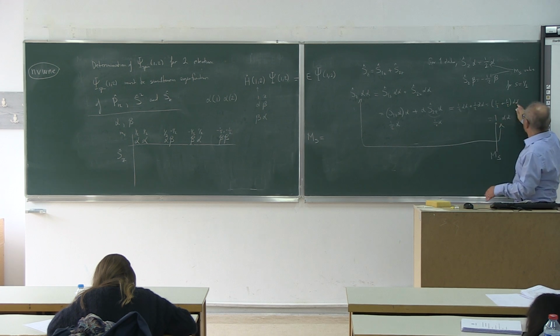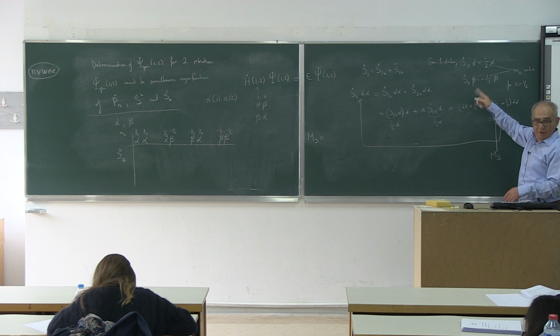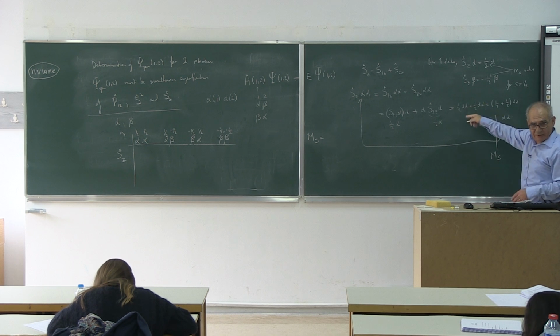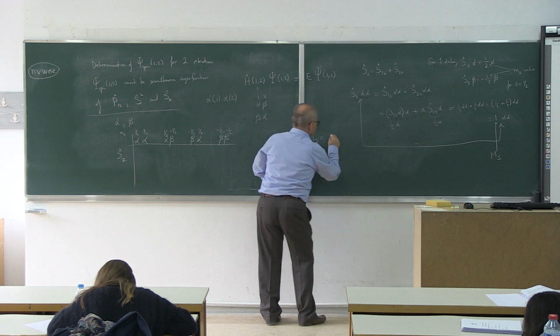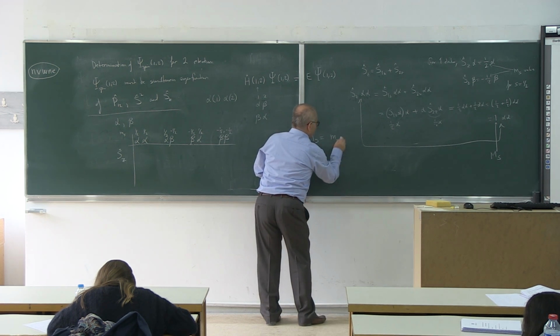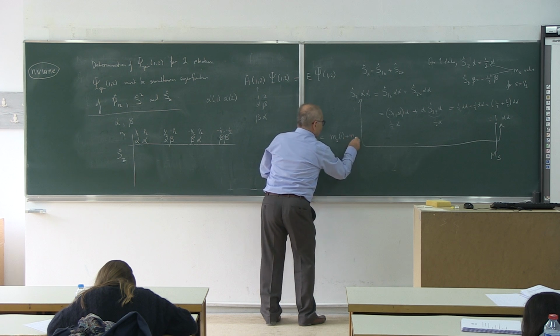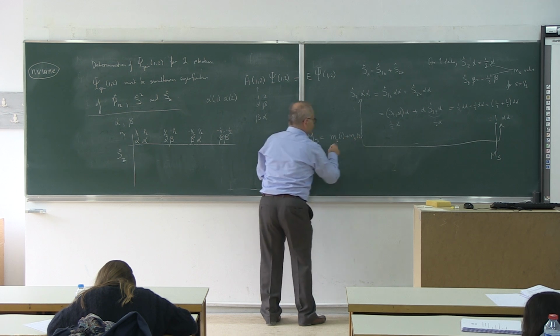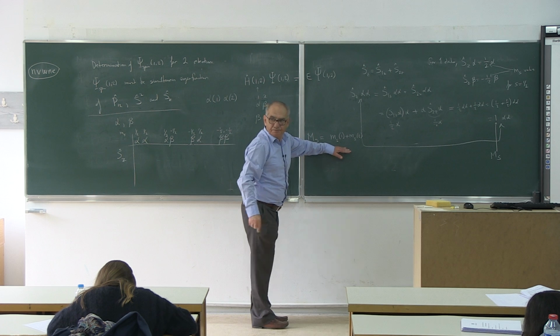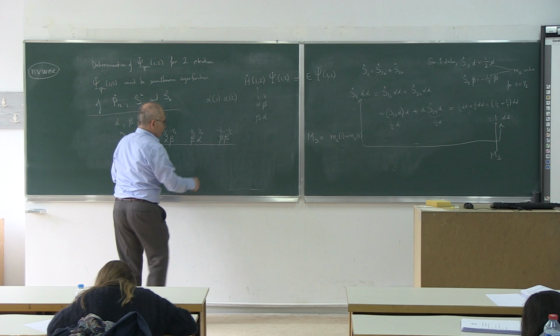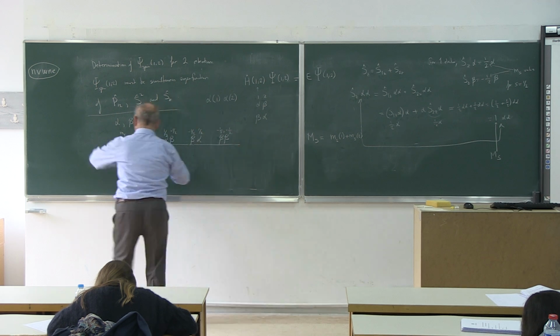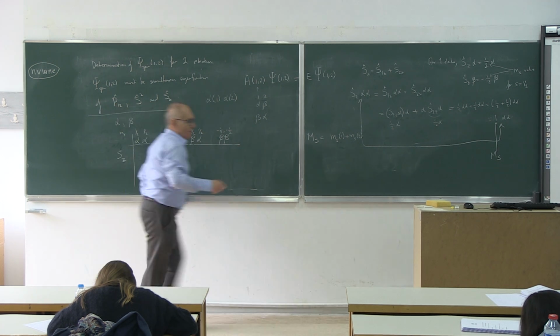Why? Because both factors have 1 over 2 for the small ms quantum number. In general, we can write it like this: ms for the first electron plus ms for the second electron for 2 electrons. So here if I write, where shall I write ms?